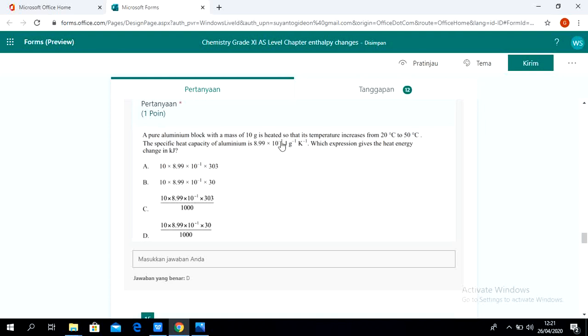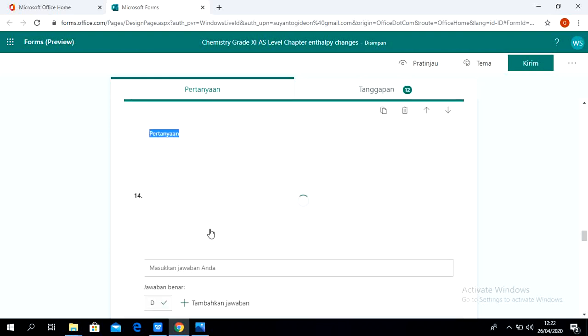So from m c delta theta, it becomes joule. In order to make it kilojoule, we must divide by 1000. Because this is Celsius and this one Kelvin, we can use 30 directly. So the answer is D.